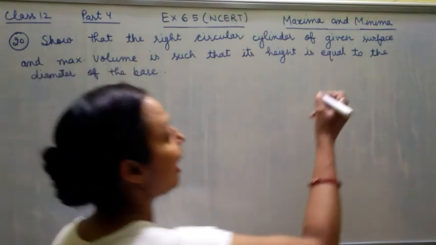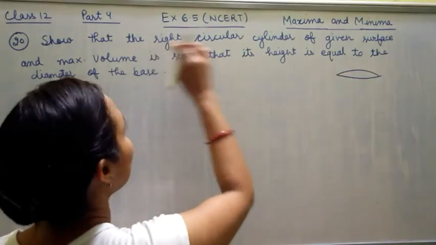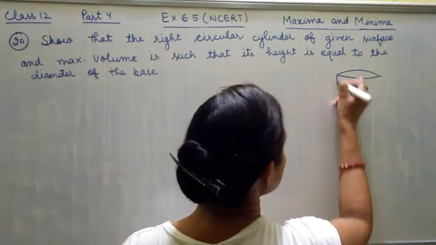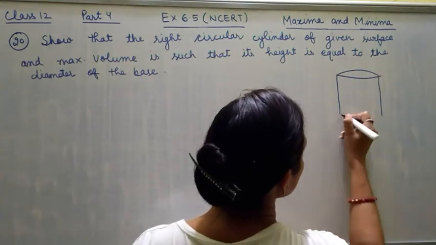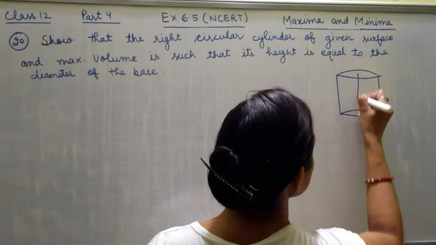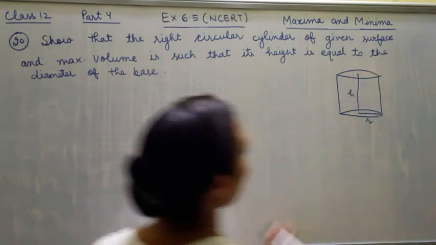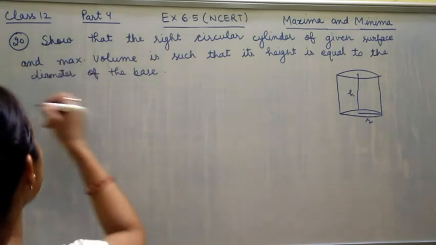So first of all, I will make the cylinder diagram because it is a right circular cylinder. So this is a right circular cylinder, in which this is the radius and this is the height of the cylinder.